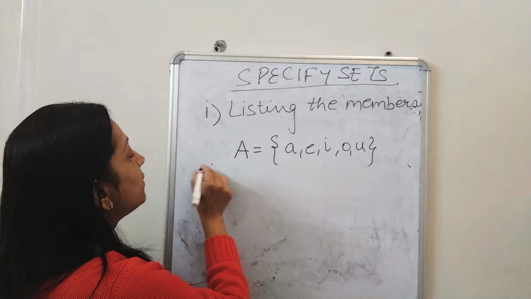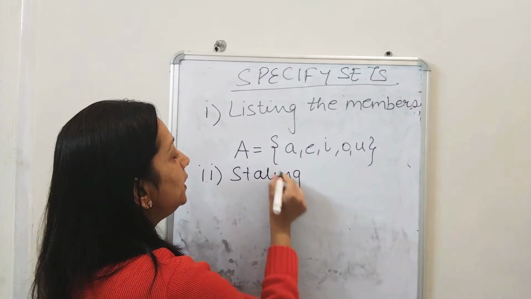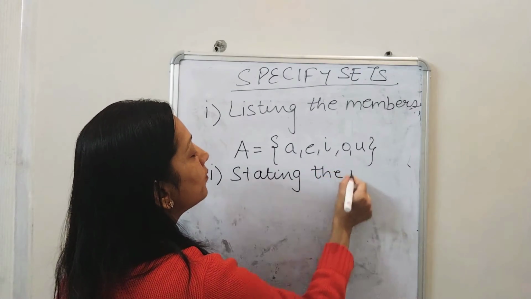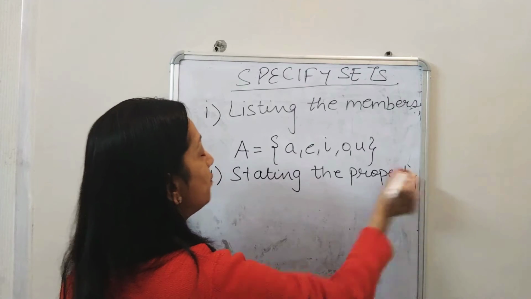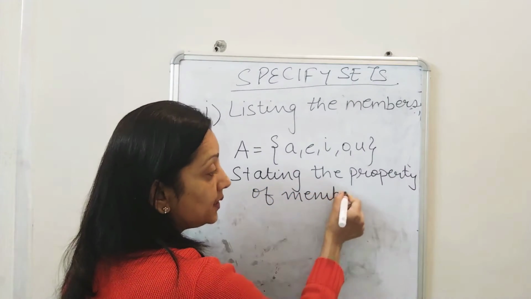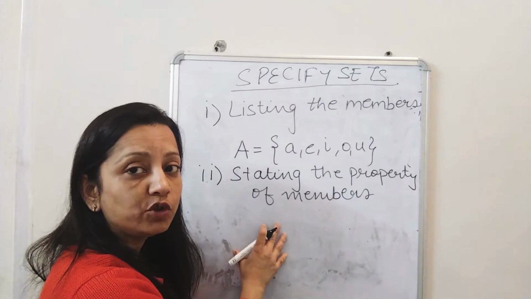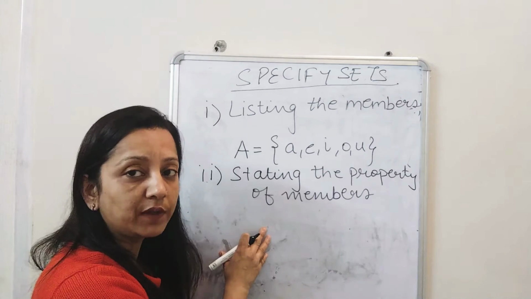Another mechanism of specifying the set is by stating the property of members of the set. Now instead of listing out the members individually, I will specify the properties of the members of that set.